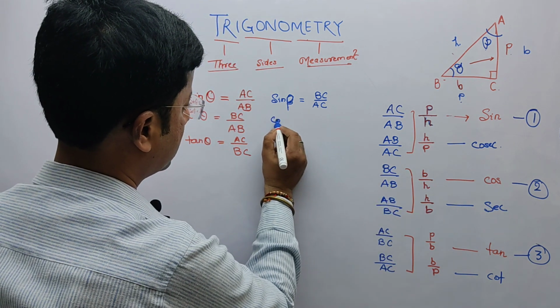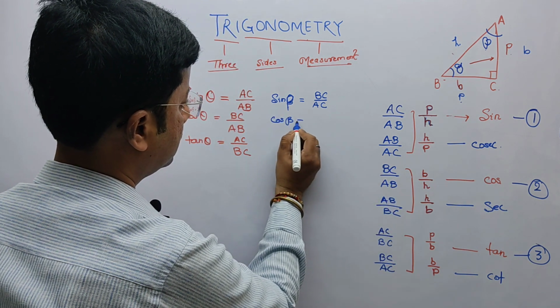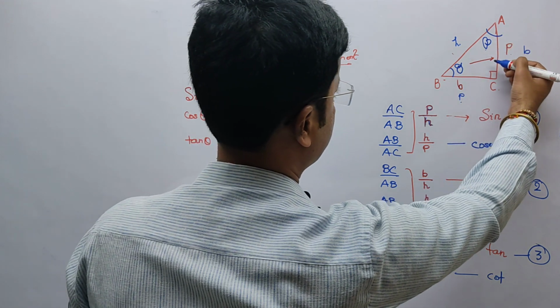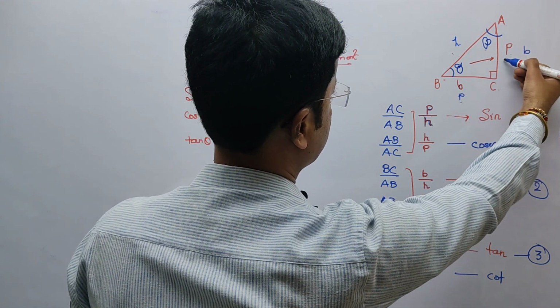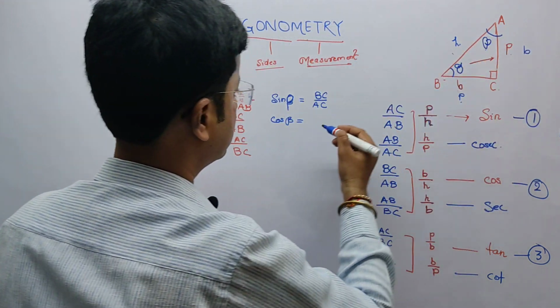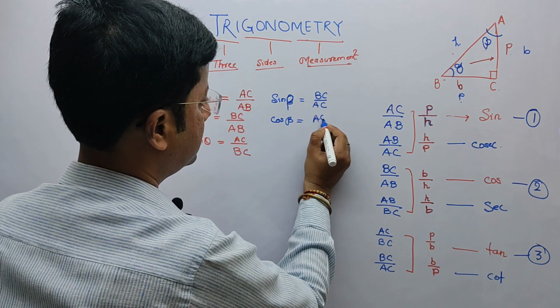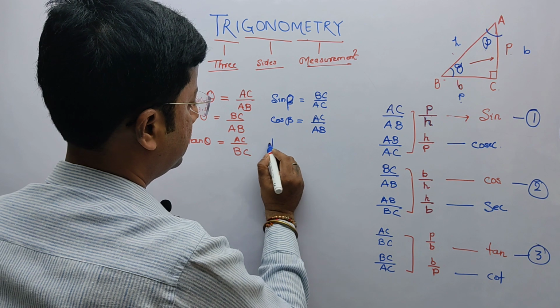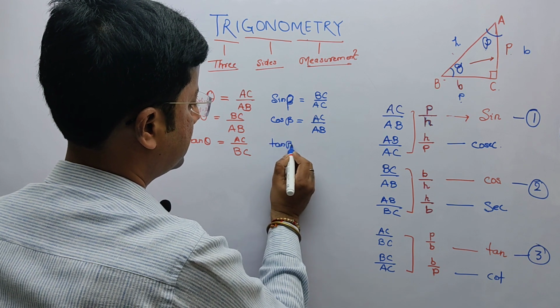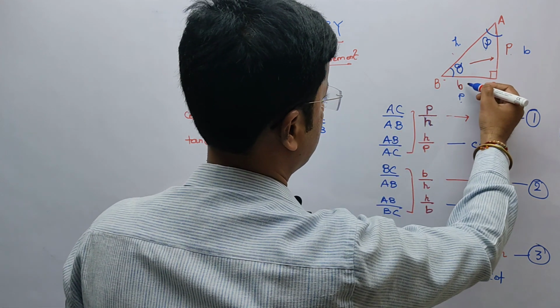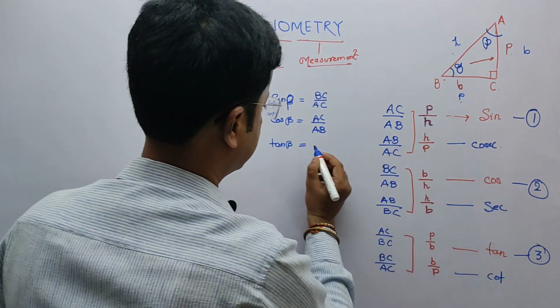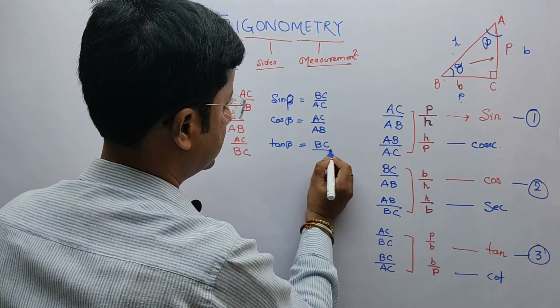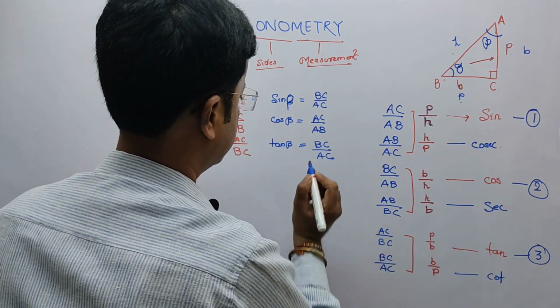Then cos beta equals, now cos beta is base by hypotenuse, that is AC upon AB. Then tan beta equals perpendicular by base, that is BC by AC.